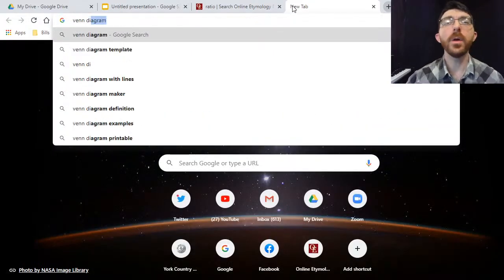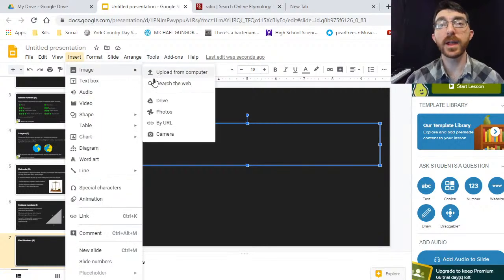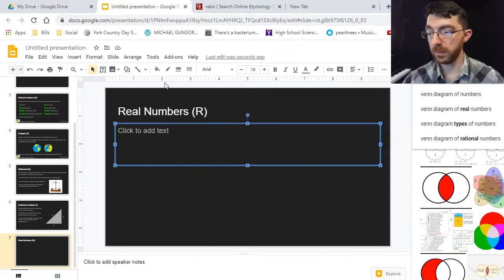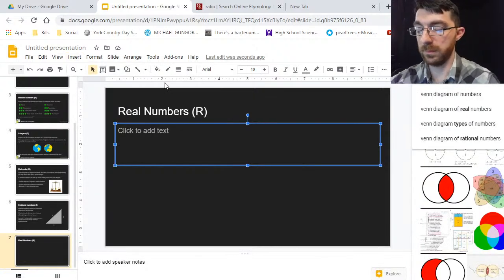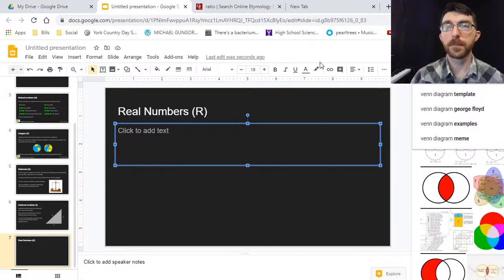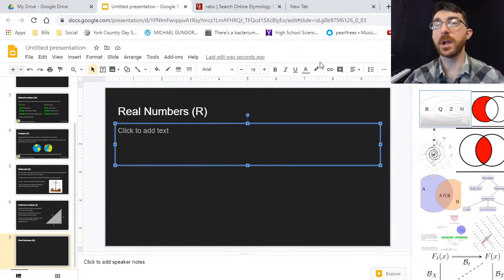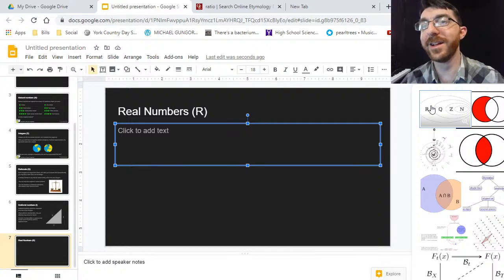Oh, you know what I should have searched for? I should have searched for actual terms. Let's see, Venn diagram of integer, real, rational. That should come up with it.